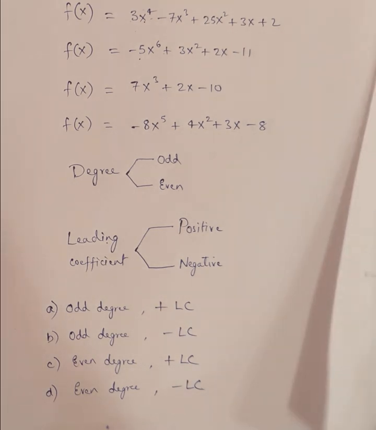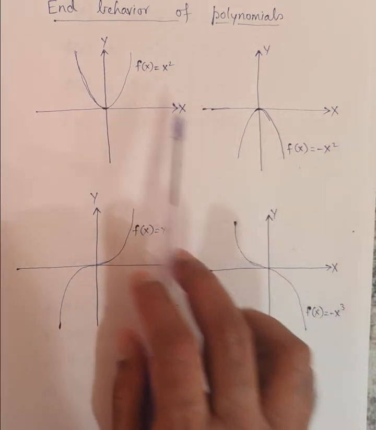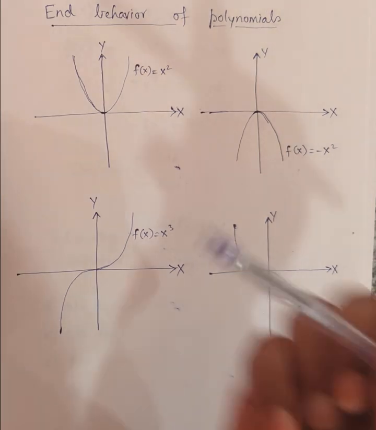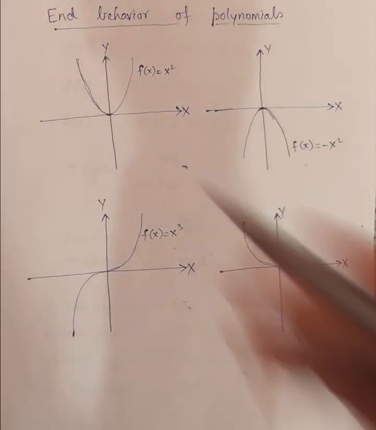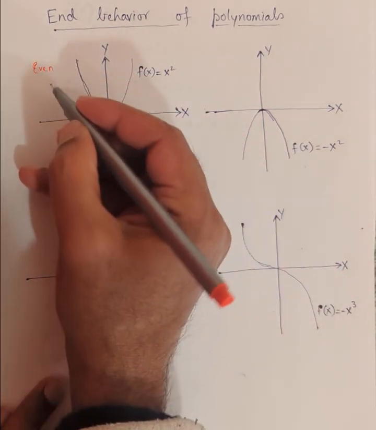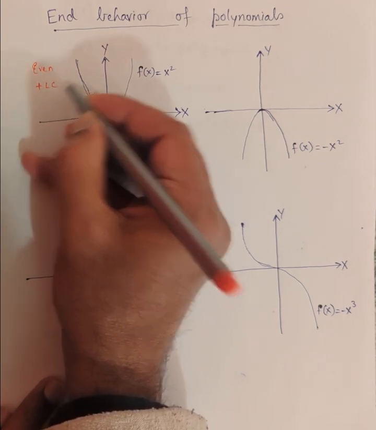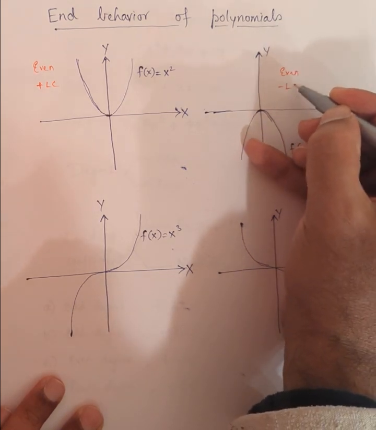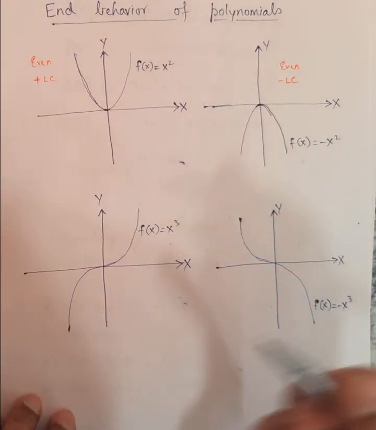And this is what we want to remember. So if the degree is even and positive, let's write it here. Maybe I will use a different color. Even degree and positive leading coefficient. This is even and negative LC because the exponent is 2, which means the degree is even.